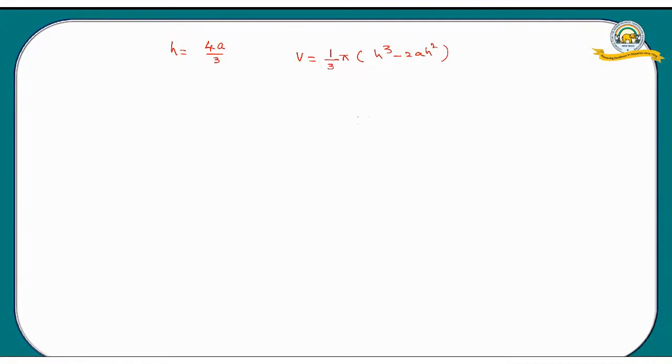Isn't it? Now, the volume V is equal to 1/3 pi. Now, what is h cube? h is equal to 4a by 3, so 4a by 3 whole cube.